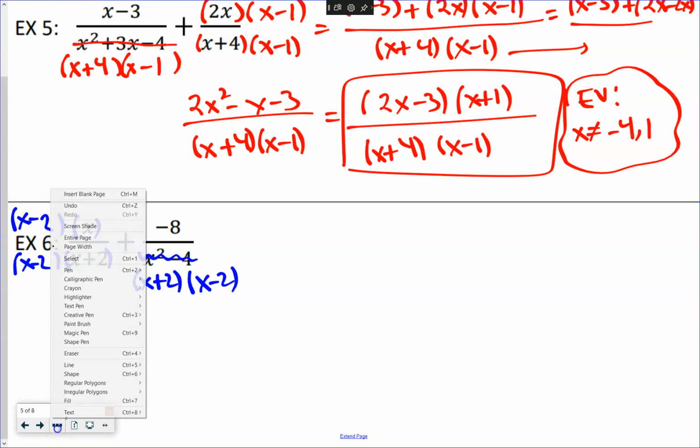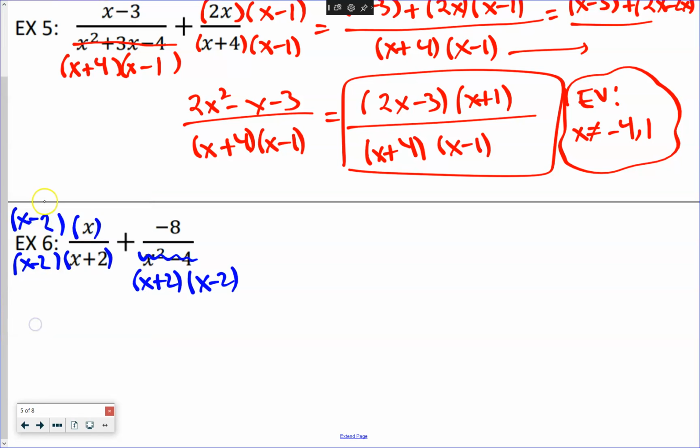There we go. I'm going to multiply this through. X times x gives me x squared. Negative 2 times x gives me negative 2x. Over x minus 2, x plus 2.